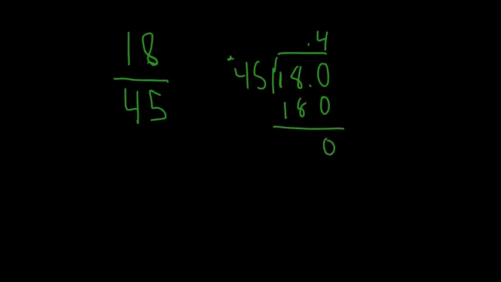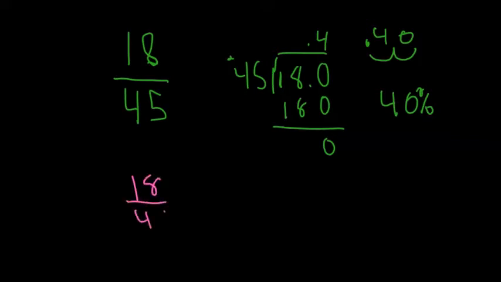And then 4/10 as a percent, you're going to move that decimal twice to the right. Put in a 0 placeholder. So that would equal 40%. The other option is, if you can, reduce that fraction. So we could take that original 18/45 and we can divide both of those numbers by 9.